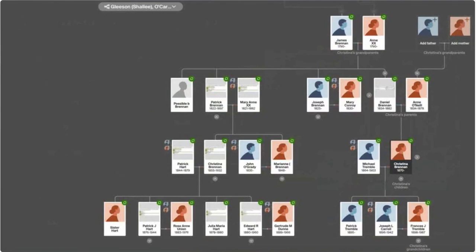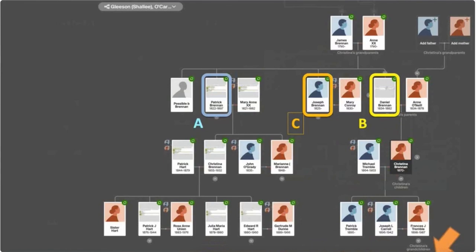One of the matches that I contacted, and this is a family tree of the Brennans, and just to show you who is who, there is my great-great-grandfather Patrick Brennan, and there is Daniel Brennan, tentatively put beside him as a brother in this family tree, and there is family C with patriarch Joseph Brennan, again tentatively attached to this draft family tree.